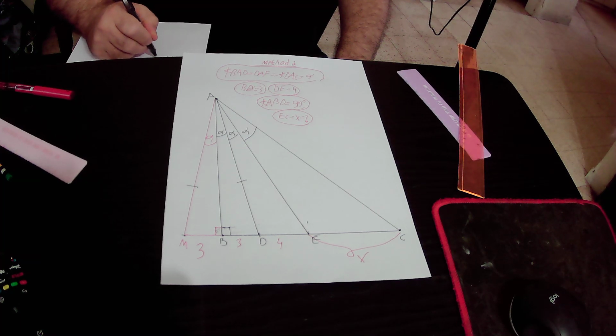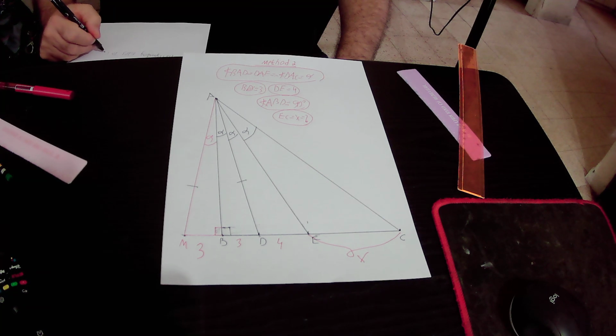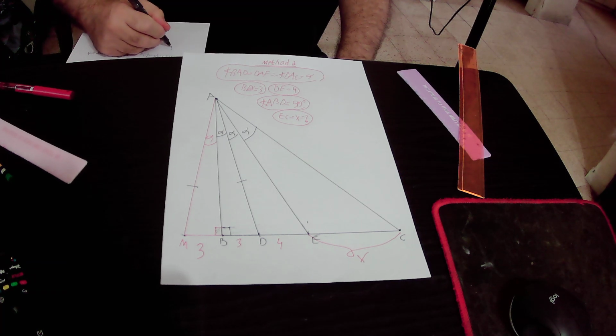Corresponding sides in congruent triangles are equal to each other.